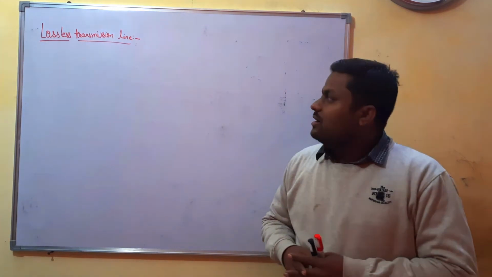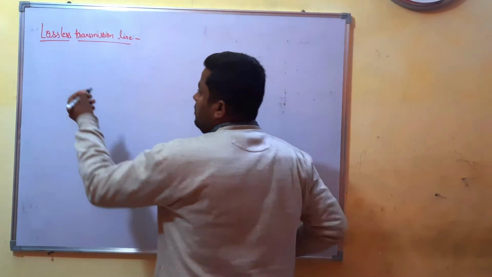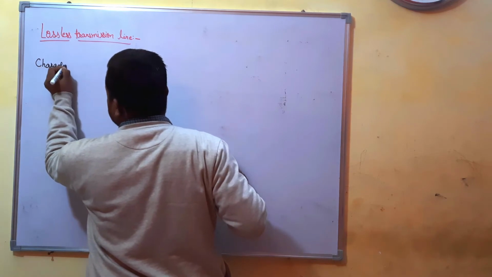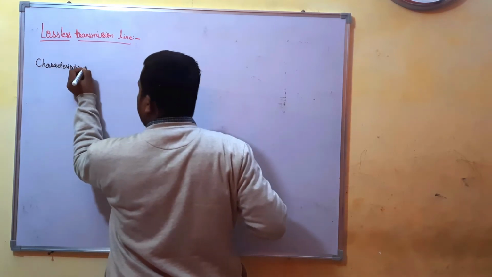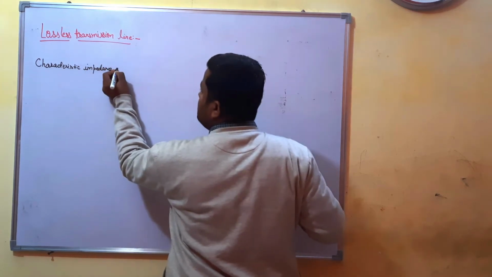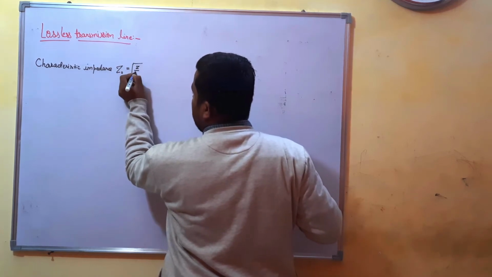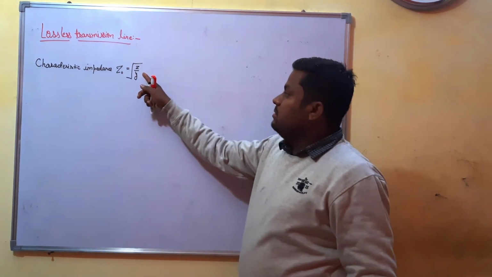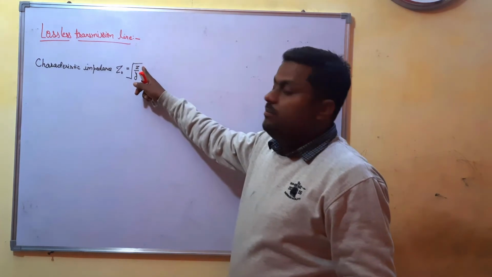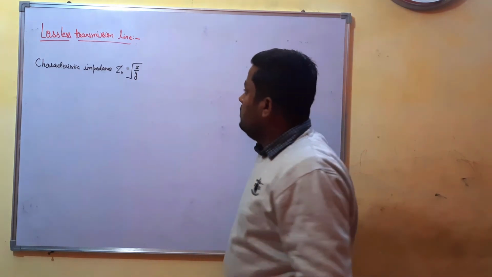So let's start. As we know, the characteristic impedance Z0 can be written as the square root of Z upon Y, where Z is the series impedance per unit length and Y is the shunt admittance per unit length.